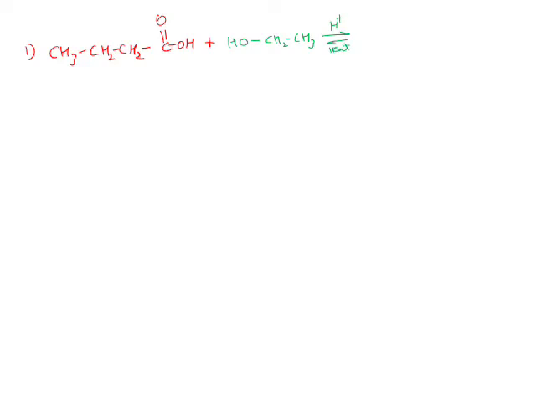What should be the product? Let's do the second one: CH3, CH2, CH2, C double bond O, OH plus, this is a benzene ring.